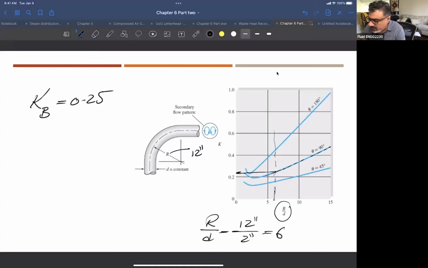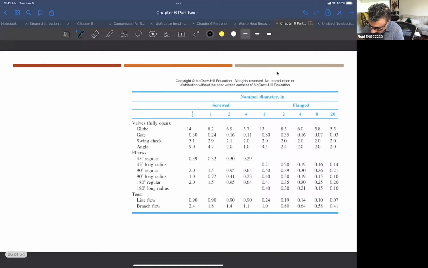Okay. And then you go again to a 90-degree elbow, but this is not a long radius elbow, right? So it is a typical 90-degree elbow, a regular 90-degree elbow installed in a 2-inch pipe.